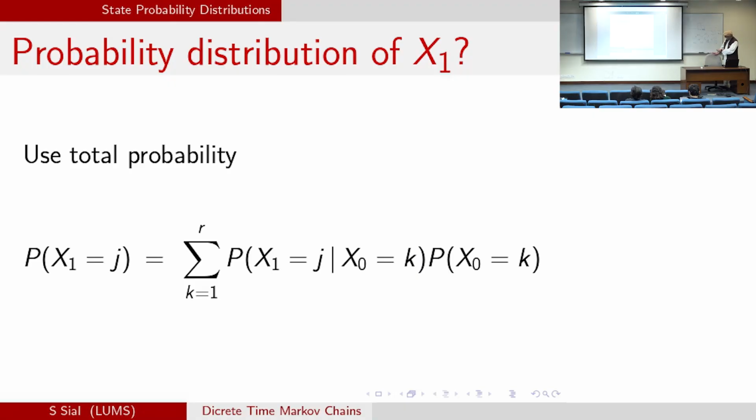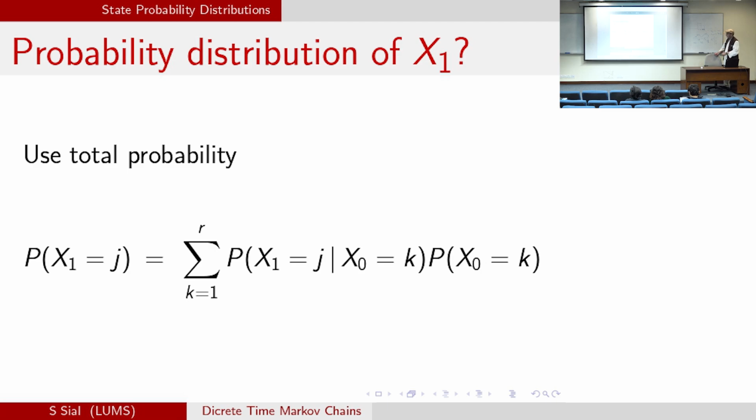So this is your initial state. When you were multiplying probability, you have a probability of being initially at state k with this probability. And then you have this conditioning. This is just total probability. And what are these things in here?